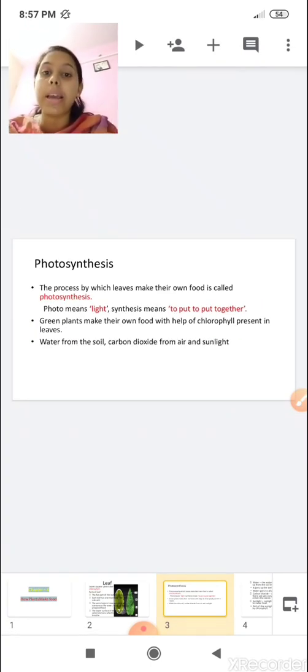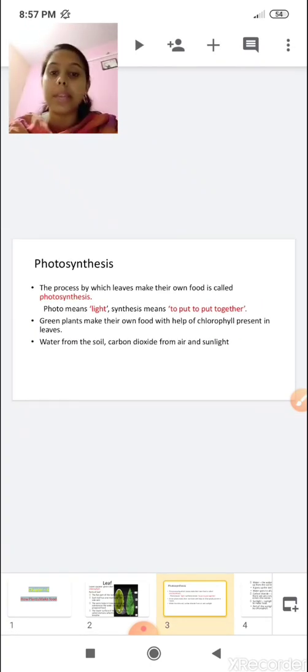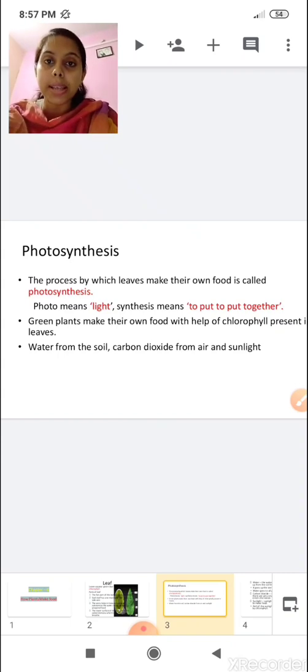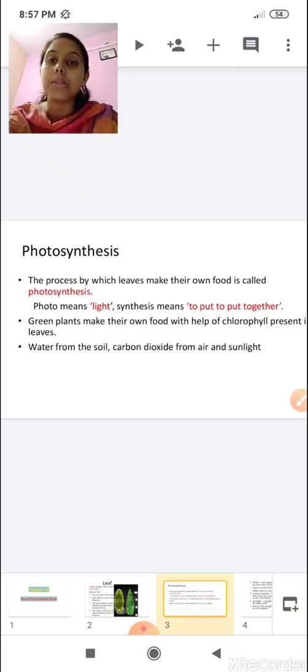Then children, we have learned about photosynthesis. So what is photosynthesis? Very good. It is a process by which leaves make their own food, and it is known as photosynthesis. All the green plants make their own food with the help of chlorophyll, which is present in the leaf.